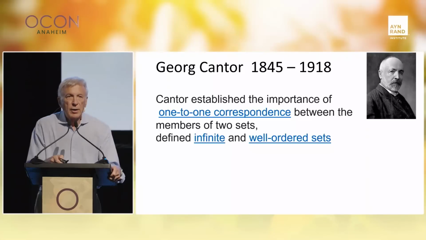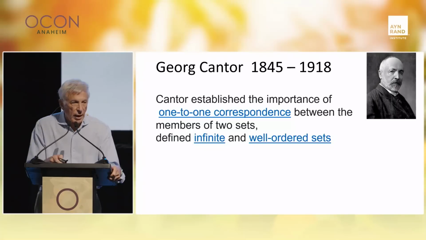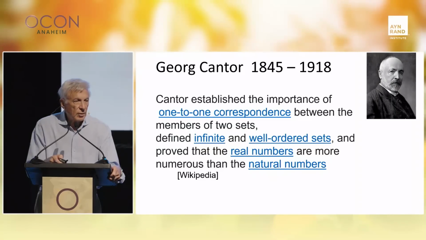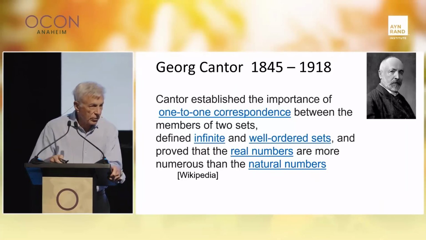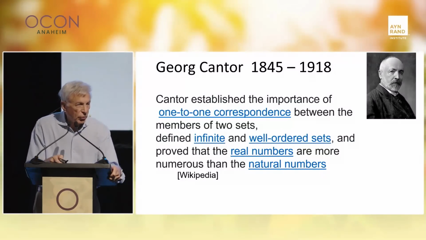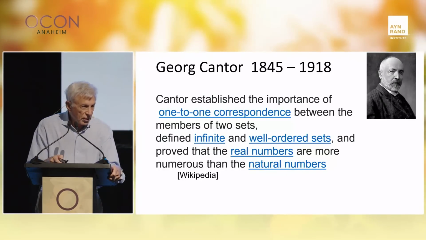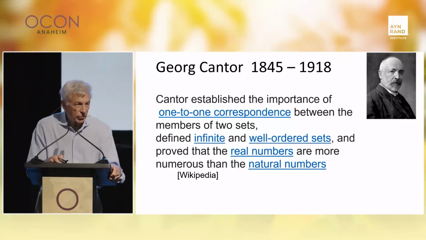He's the guy who brought the infinite and the super infinite, called transfinite numbers, into mathematics and messed it up, or discrete mathematics, and proved that the real numbers are more numerous than the natural numbers, says Wikipedia.